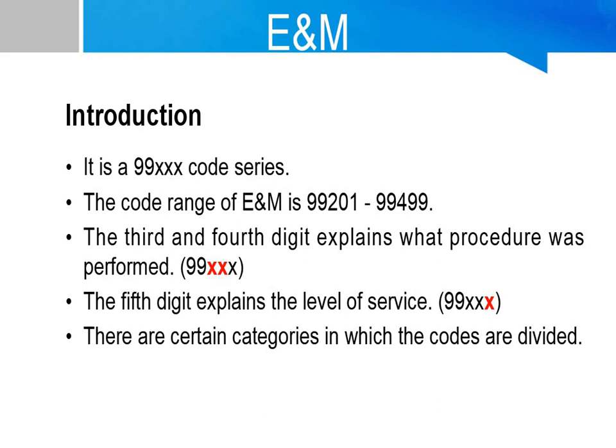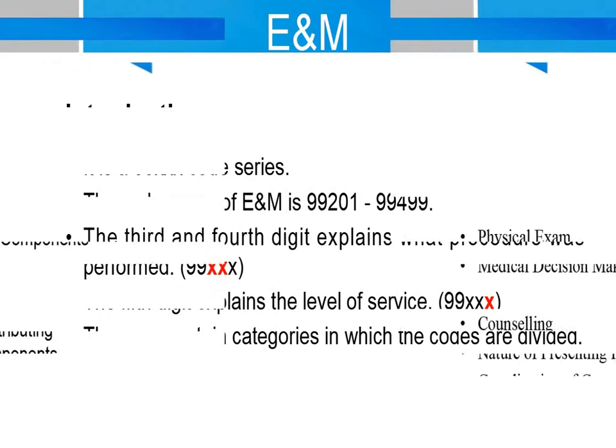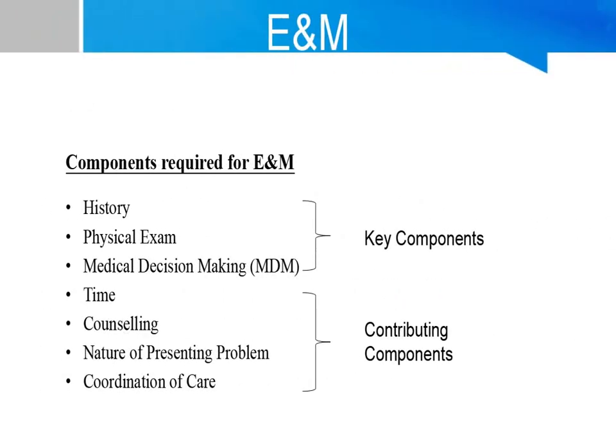And again, it is the 99,000 code series. The code range of E&M is 99,201 till 99,499. The third and fourth digit of this code explains what procedure has been performed.